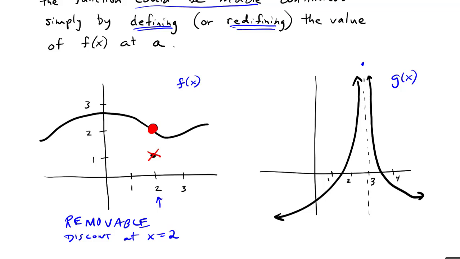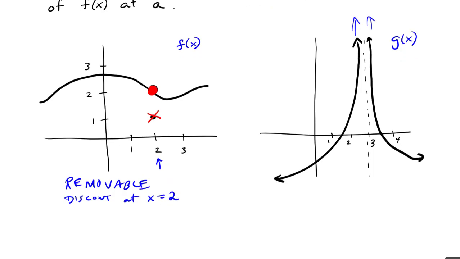I can't go high enough to connect these because these go off to infinity. So there really isn't anything I can do. I can't make any change by using one point difference, a new point or a redefined point, to make this continuous. So as a result, this would be a non-removable discontinuity at x equals 3.